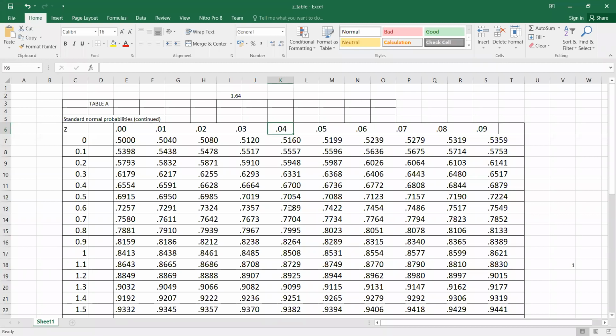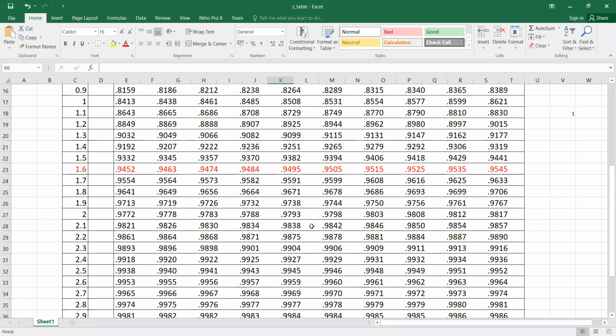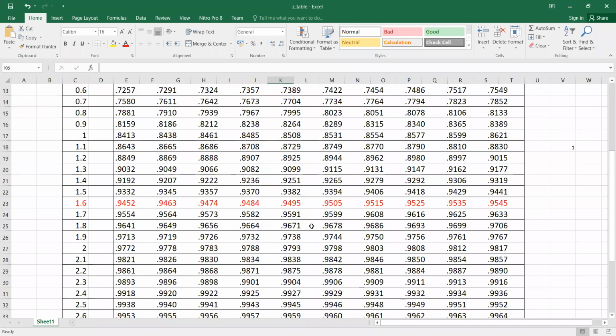After getting 0.95, you go to the table and look for the value that is close. When I look into the table, the value that is close is 0.9495, because if you round off, you'll get 0.95.